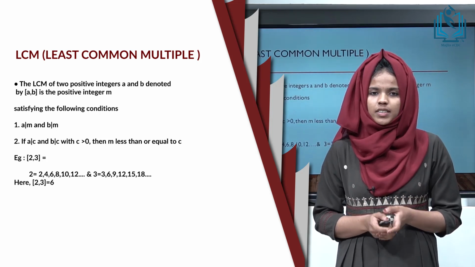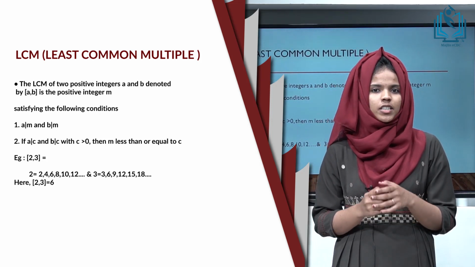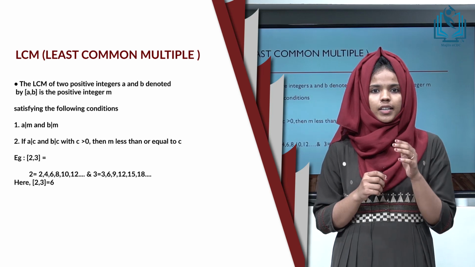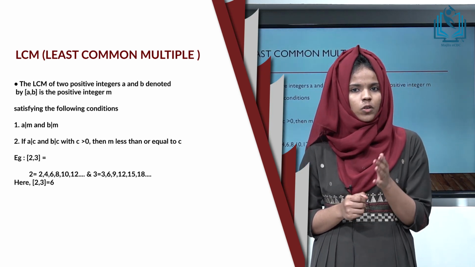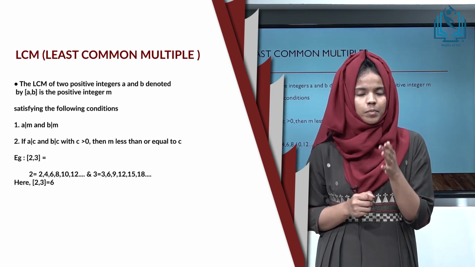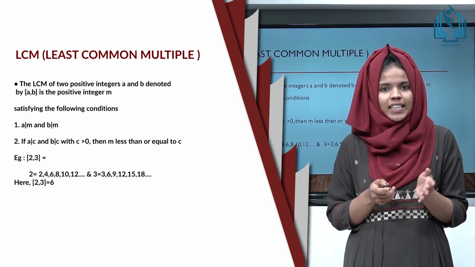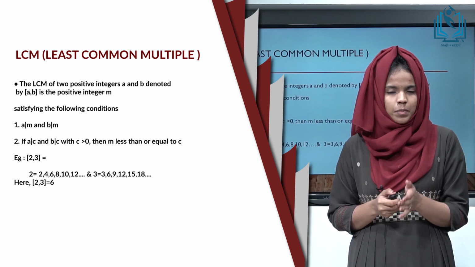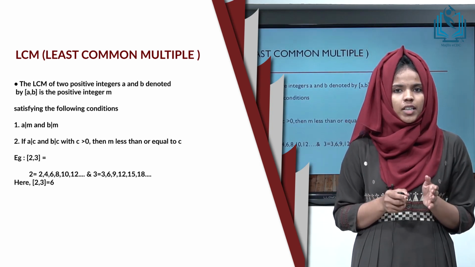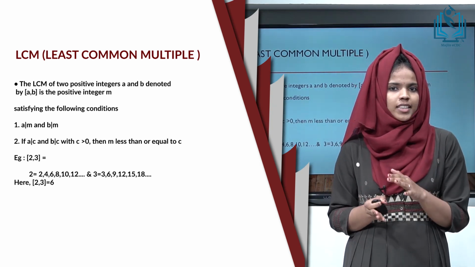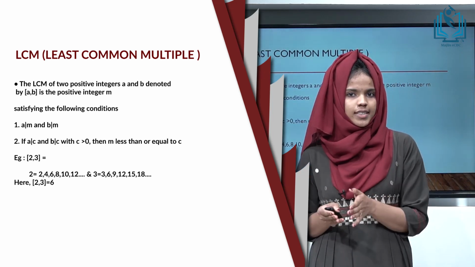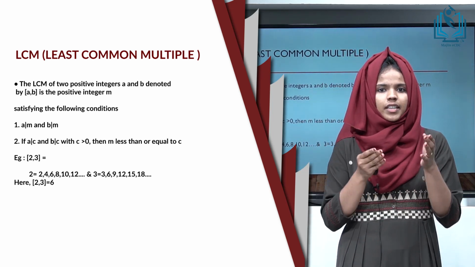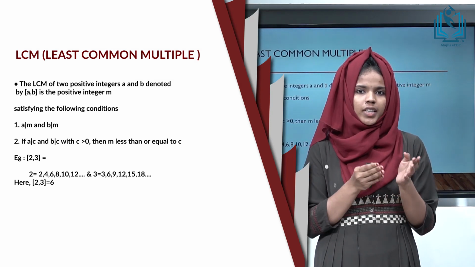You are familiar with divisibility, which we have studied in the first part of this module. a divides m means m is a multiple of a, and also b divides m means m is a multiple of b. That is, m equals some k1 a and m equals some k2 b, where k1 and k2 are integers. Then m is a common multiple of a and b.